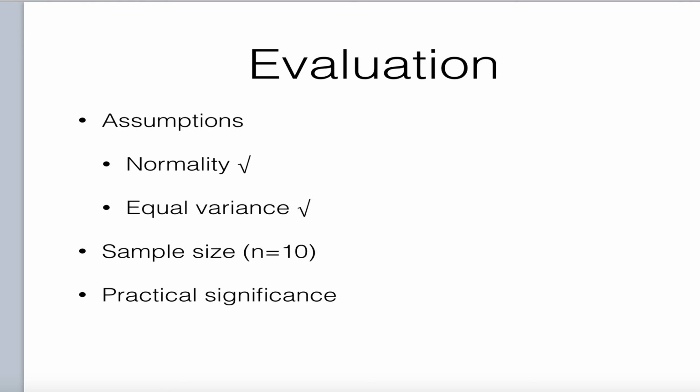So what have we done here? We've kind of gone through the components of a one-way ANOVA. We talked about levels of measurement. The independent variable needs to be measured on a categorical or ordinal level, whereas the dependent variable needs to be measured on an interval or ratio level of measurement.